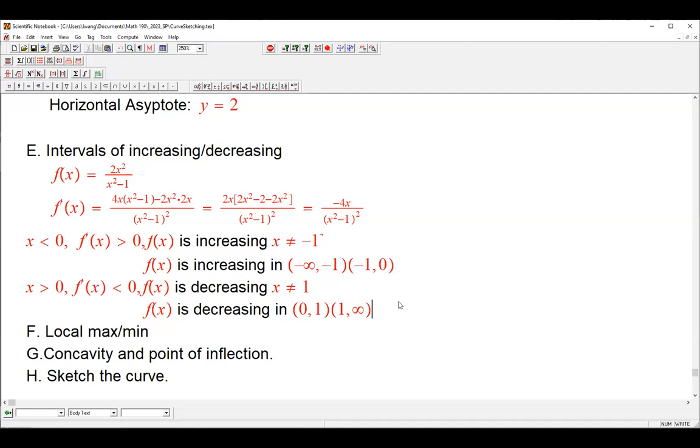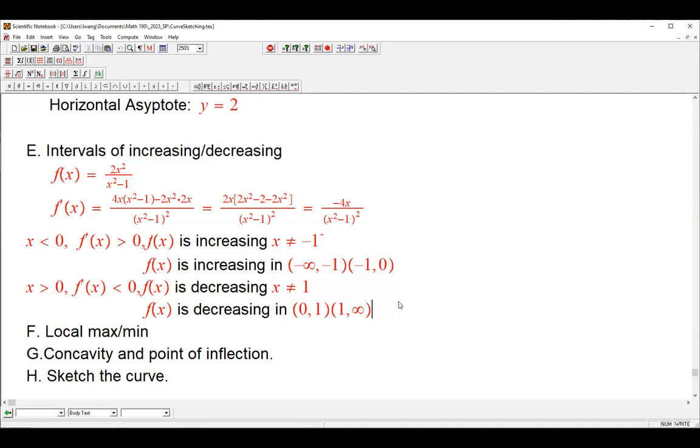Let's look at local max, local min. At positive 1, negative 1, the function goes to infinity, so they're not differentiable at those points.